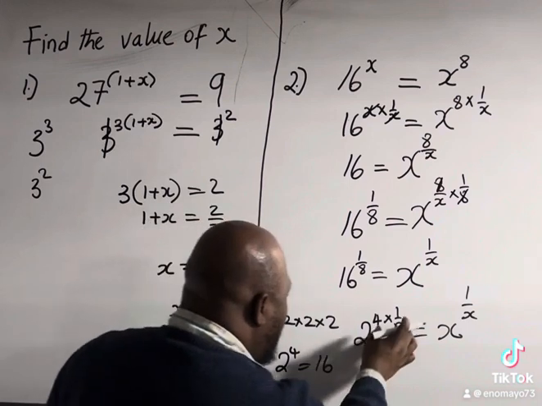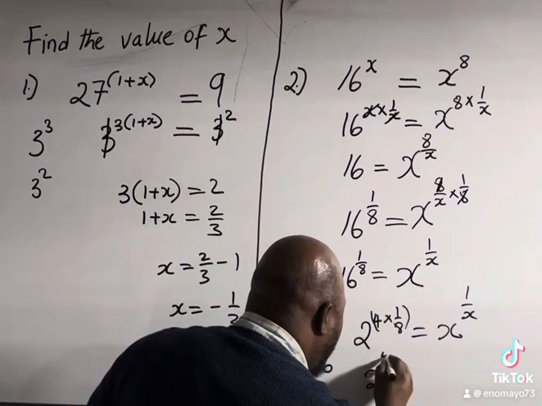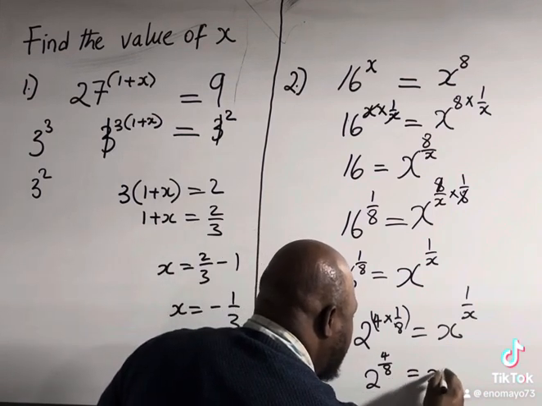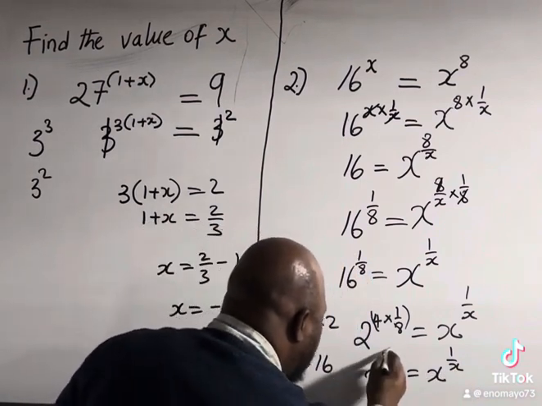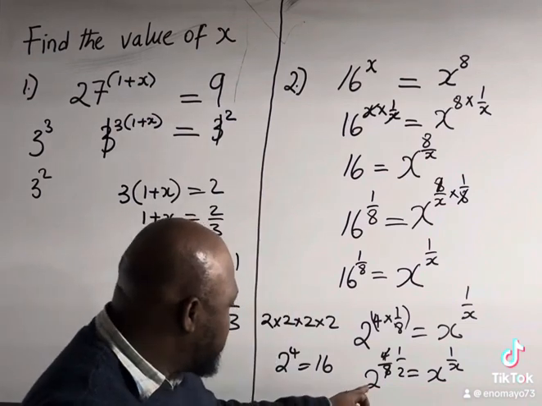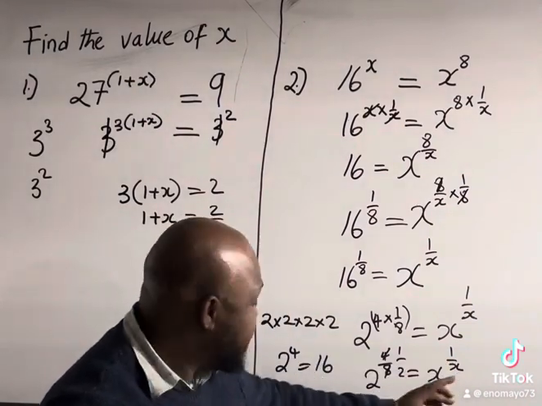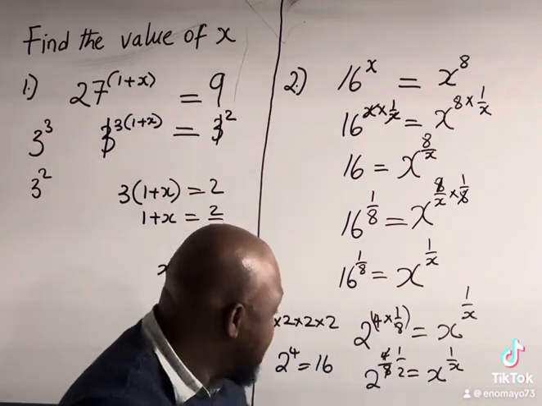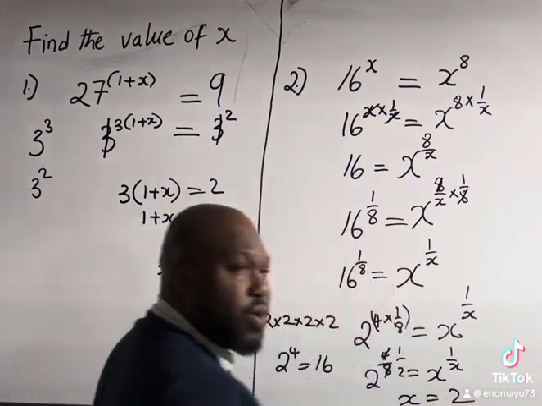So if you do this, this will give you 2 raised to power 4 over 8 is equal to x raised to power 1 over x. And this is 1 over 2. So 2 raised to power 1 over 2, x raised to power 1 over x, which means x is equal to 2.